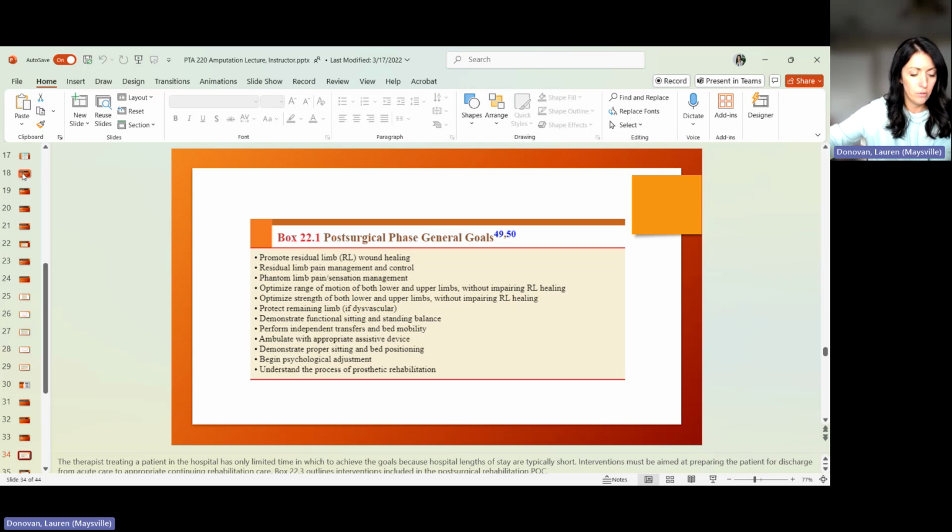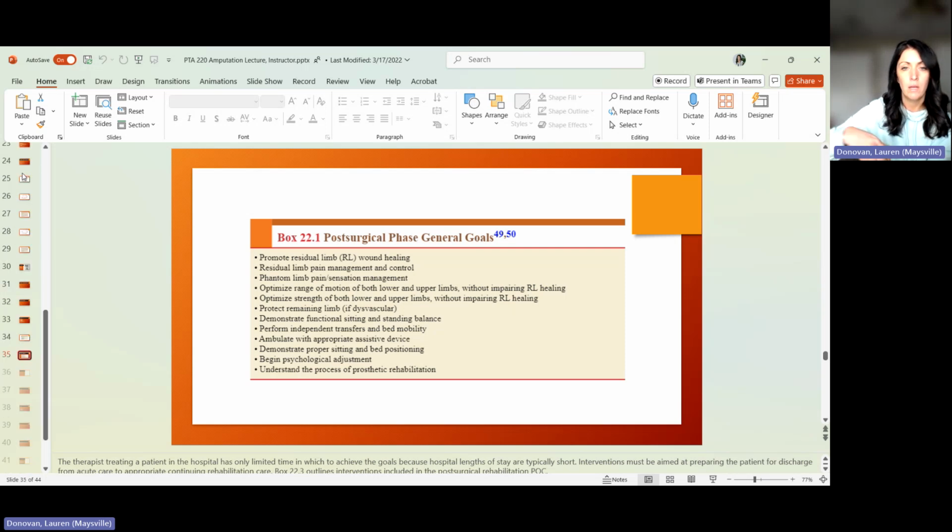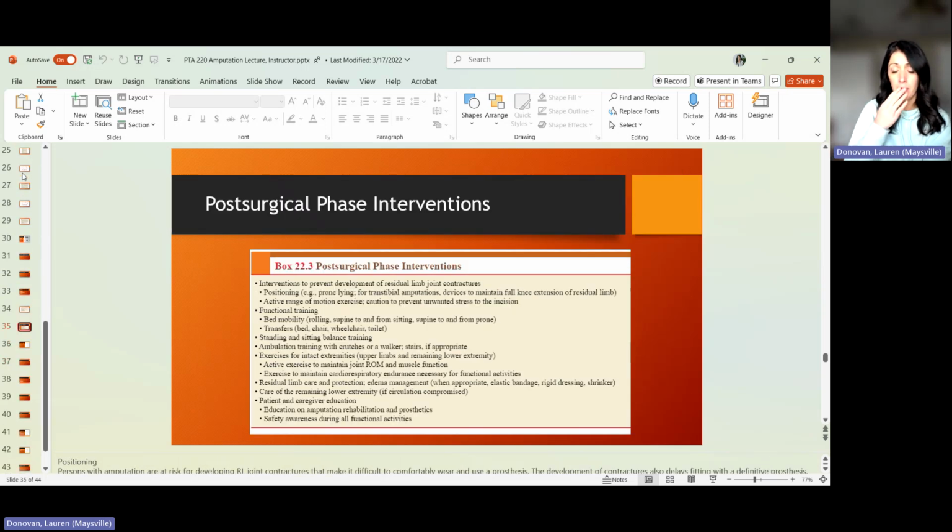But just keep in mind, I forgot to say that those in the hospital usually are only in there for a limited time. The hospital lengths are typically shorter. So with us treating them, it's a lot for us to try to get them prepared and ready to go home and safely go home. They might even go to a rehab center temporarily.